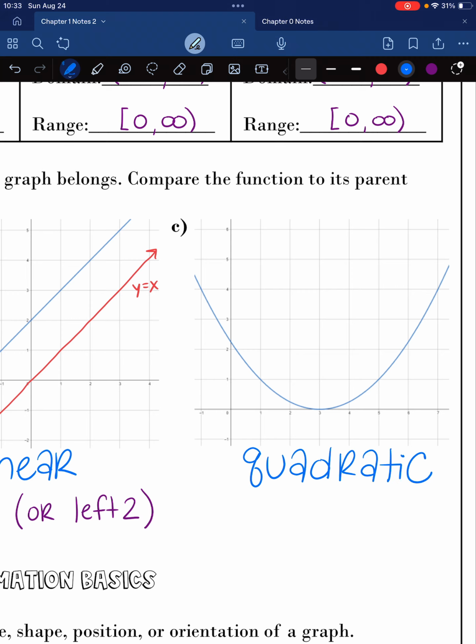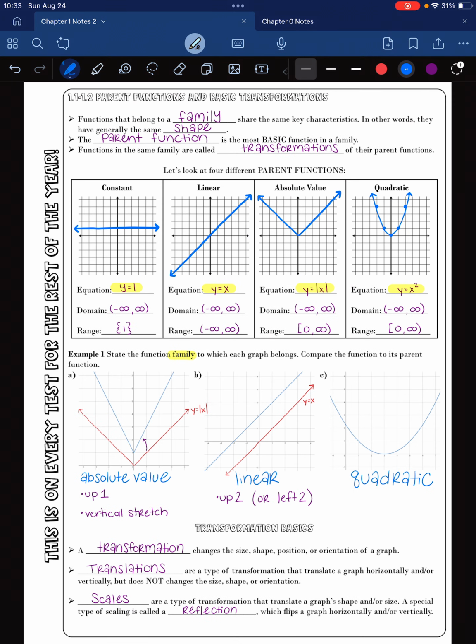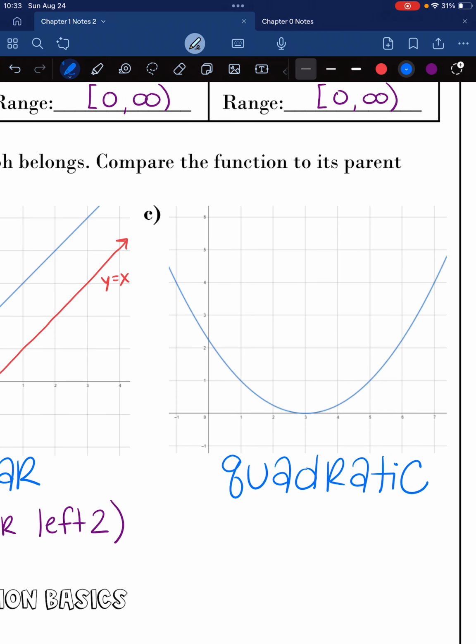And these four parent functions are the four parent functions that we're going to look at this first 9 weeks. Second 9 weeks, we will start to add different parent functions and just graphs that have a slightly different shape. We'll learn the name for them and we'll do all the same stuff all over again.